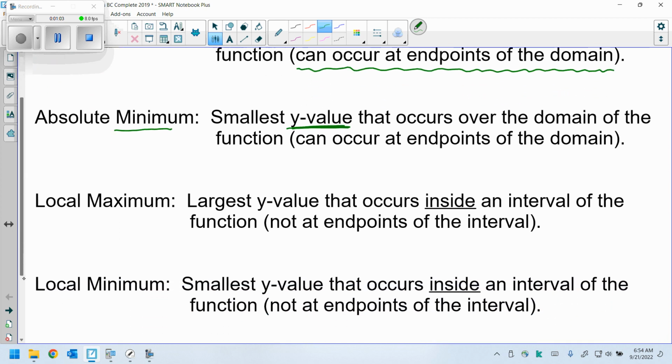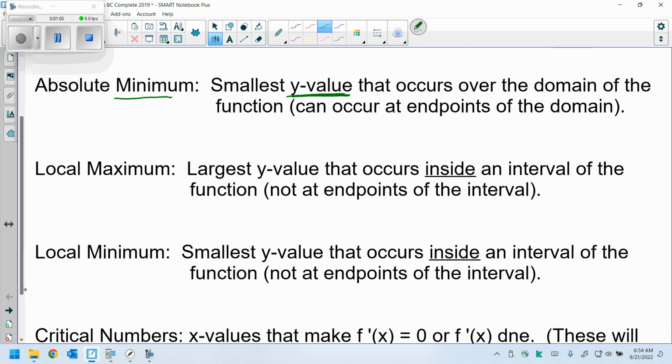Now another term, local max, local min, again, largest or smallest y values, also known as relative max, relative min. Those are the biggest y values that occur inside of an interval.